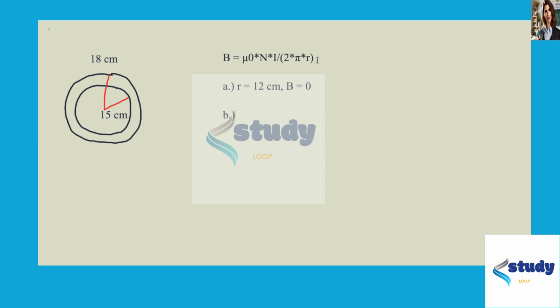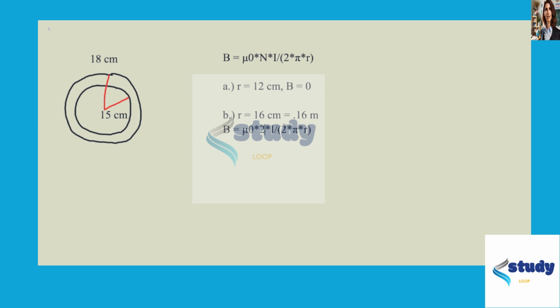Part B, we have a distance of 16 centimeters. So that's going to be 0.16 meters. And now this does fall within the torus. So we know that the magnetic field will be non-zero. So we want to use our equation up here to solve. We can solve for the magnetic field just by plugging this in.